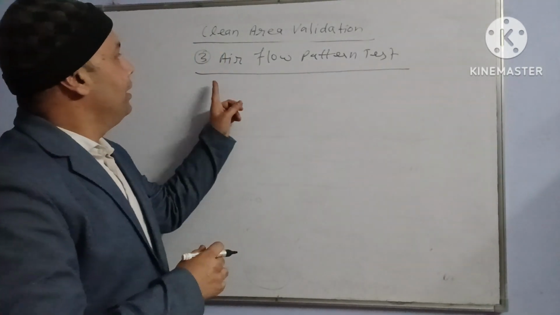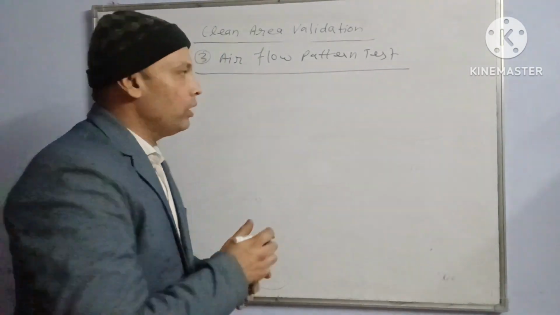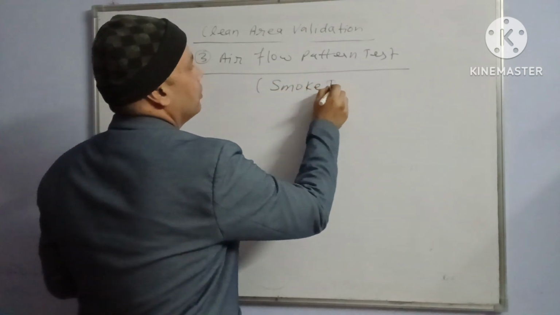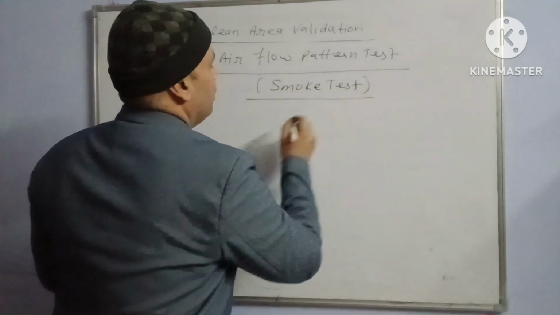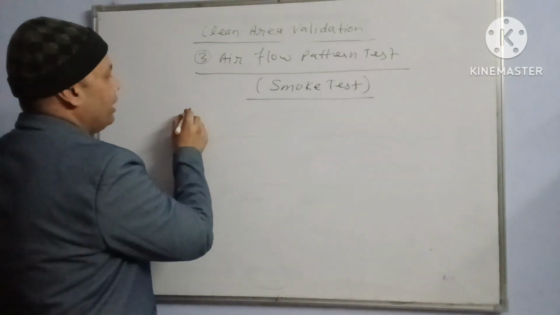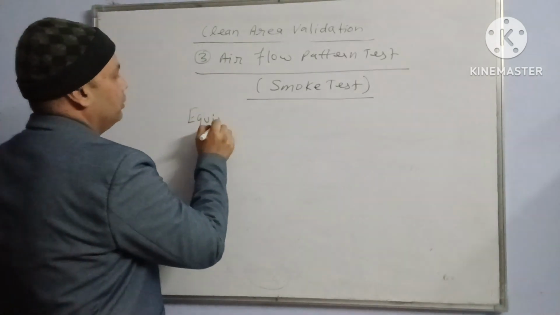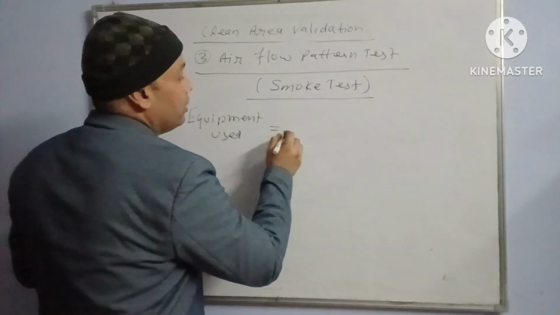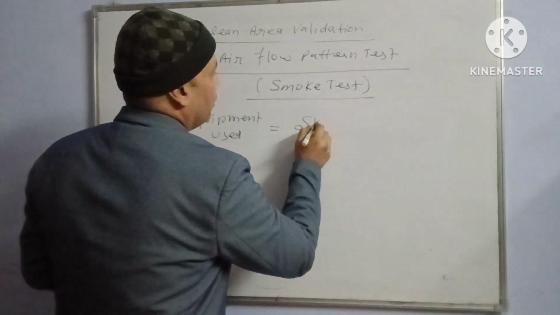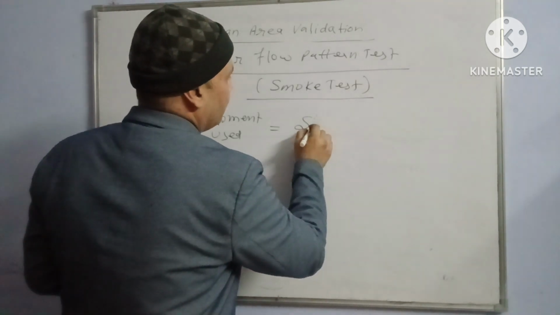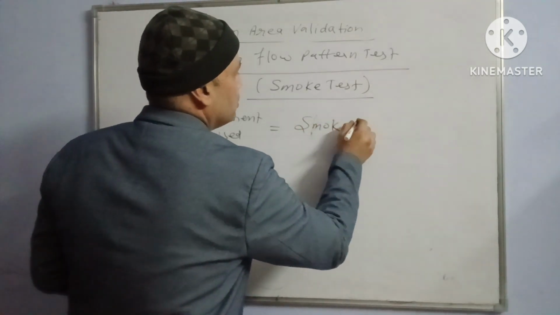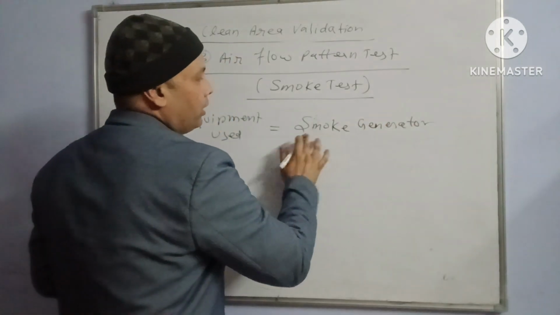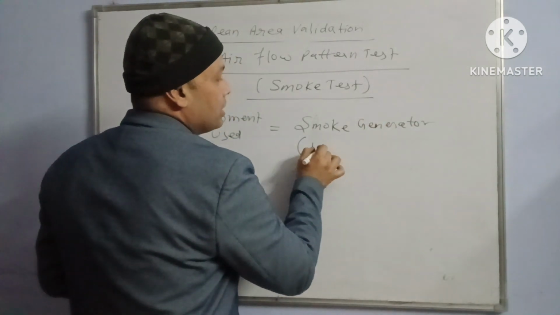Next test is the third one, the air flow pattern test. This test is also called the smoke test. Which equipment is used for that? That is the smoke generator. Or this is actually the water fogger.